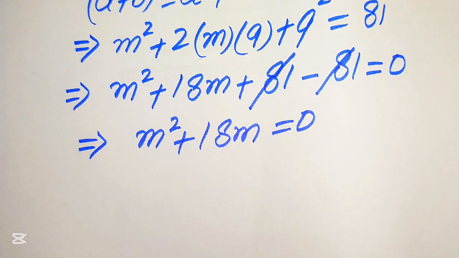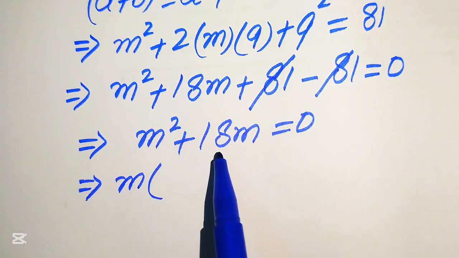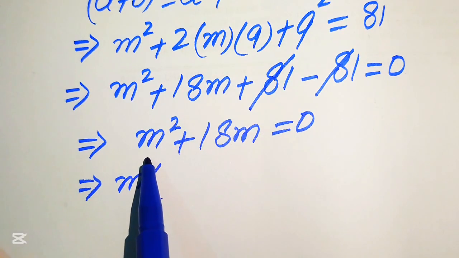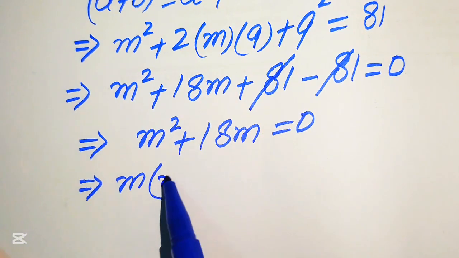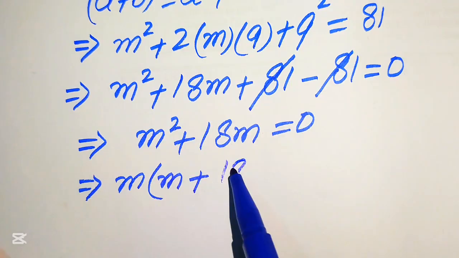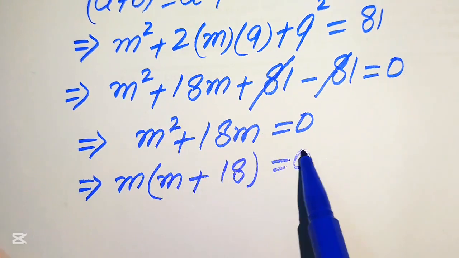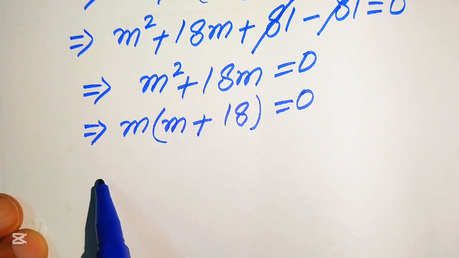In the next step we focus on the left hand side and take common m. Because this is m², it means these are two m's. When you take one m common, we get one m remaining, plus 18, and this equals 0. Now we divide this equation into two cases.